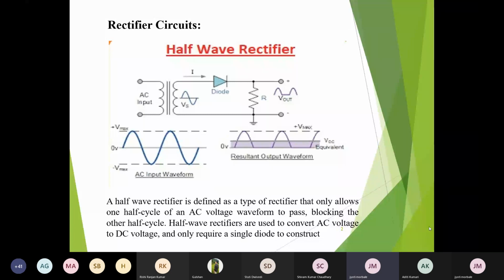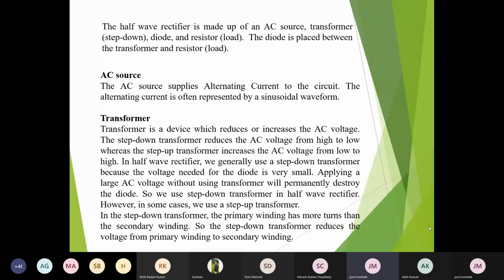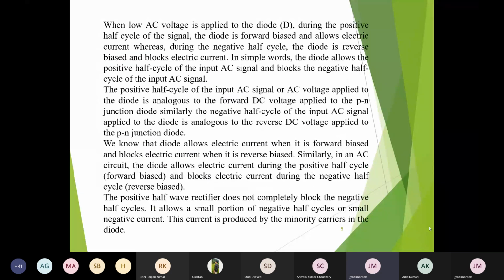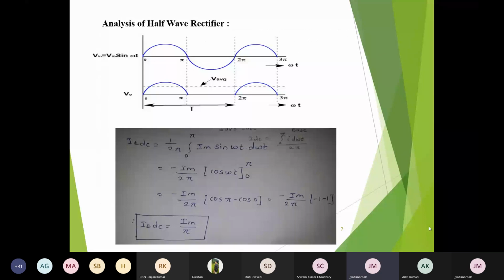All this theory you can read from the next slides, what happens in the positive and negative half cycle, it is shown here in complete detail. Now this PPT is very important. Analysis of half wave rectifier. For the sine wave, the equation is given as Vm sin omega t. This is the input signal. Vm stands for maximum voltage.